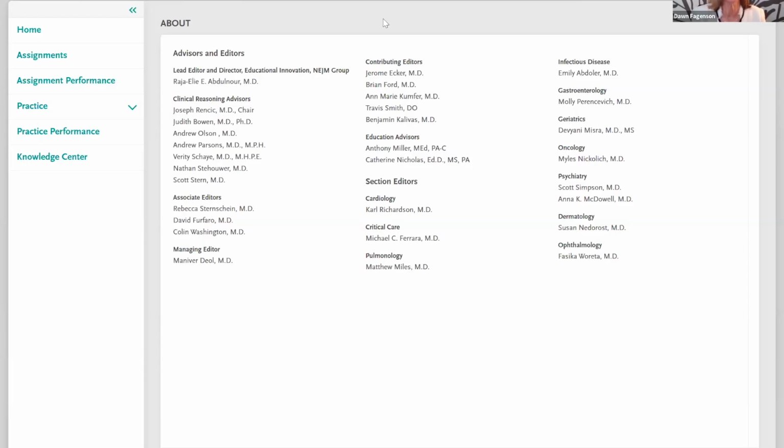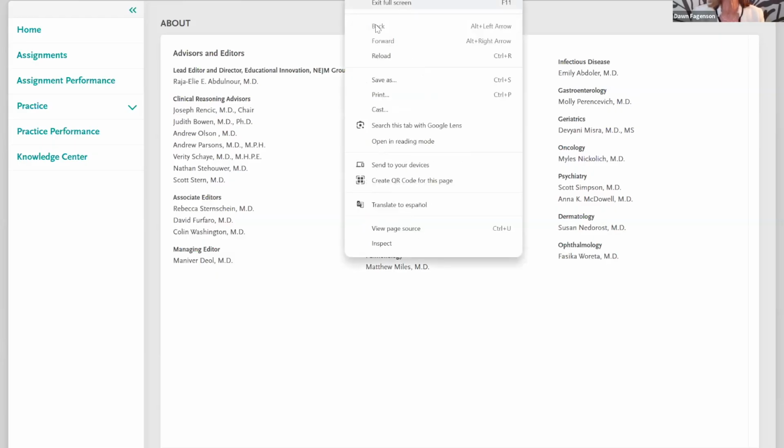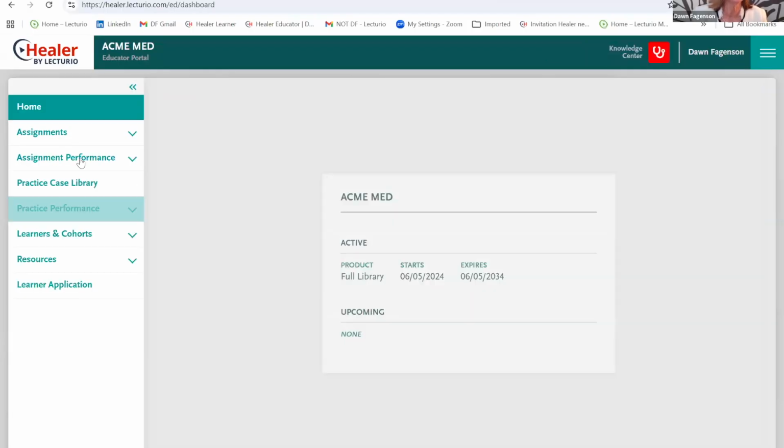I'm going to give you a little bit about the behind the scenes, but just know that the cases you're using are vetted and incredible cases for you to use with your students. You'll be able to have the same case for all of your students, and then look at all the performance data as your students, learners, or residents go through these cases.